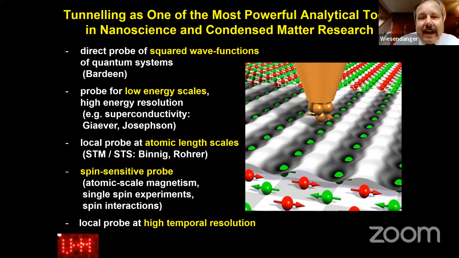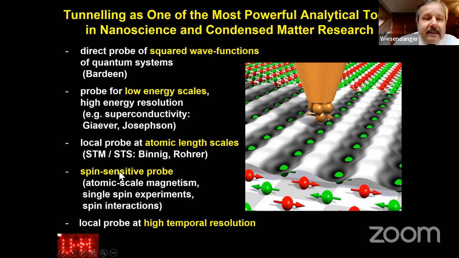You have to go to very large energies, being a million times larger than the energy scales you need to probe low energy excitations in condensed matter. So that was the major impact, of course, of this work, that we could combine atomic level studies with energy scales which are relevant, of course, for all the exciting low energy physics in condensed matter.